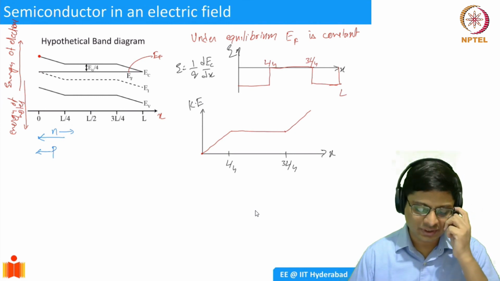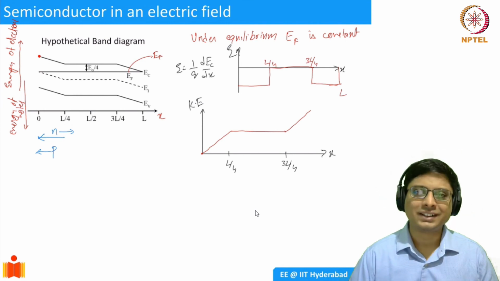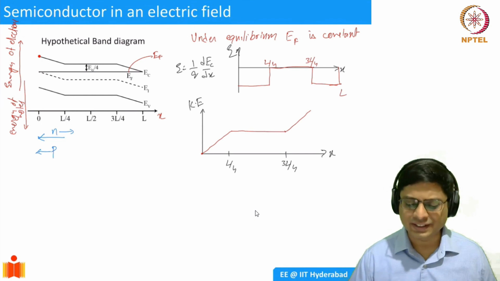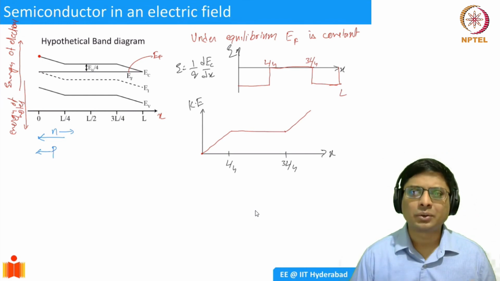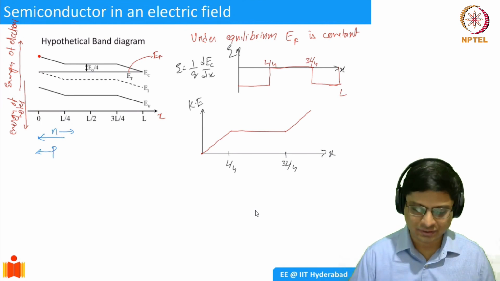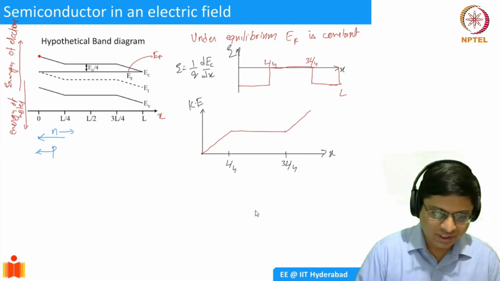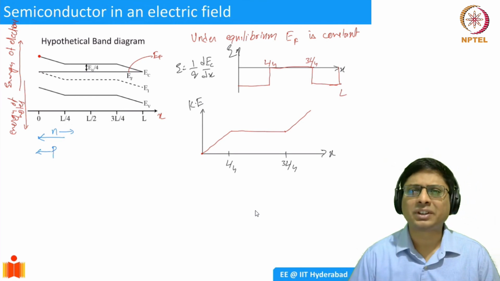Well, we also have something called potential energy, right? Kinetic energy and potential energy. In this case, we are not taking any other external effects into account, so whatever potential energy change happens is only because of the electric field in which the carriers are moving. We know that potential energy is defined with respect to a reference level.